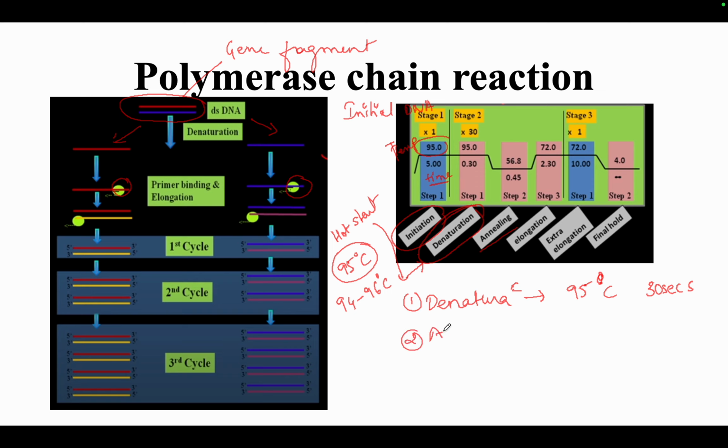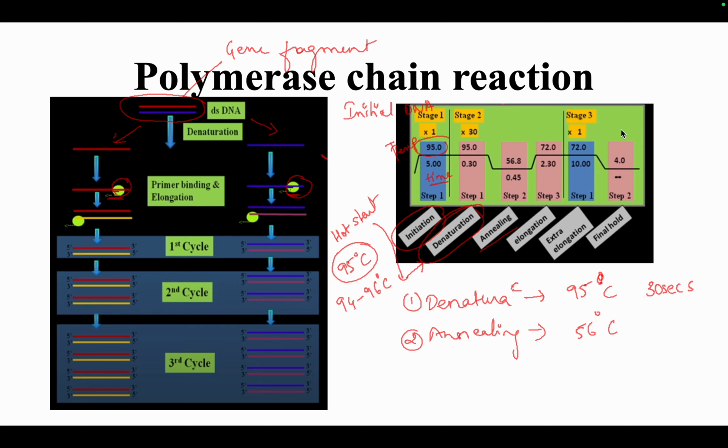The second step is annealing, where the primers come and bind to the single stranded DNA. This annealing step takes place at around 56 degrees Celsius.